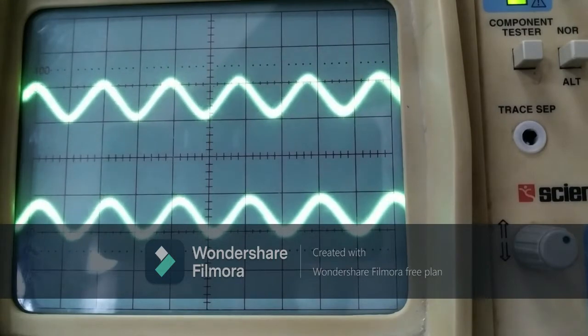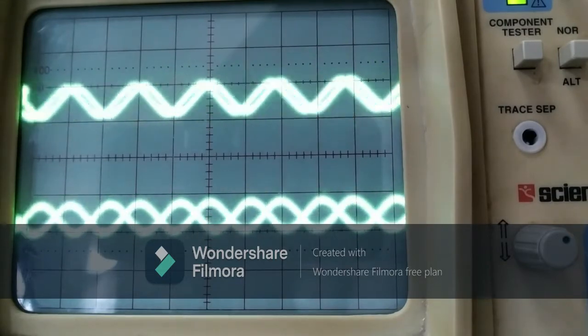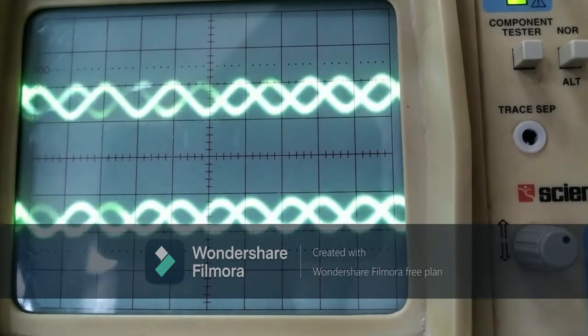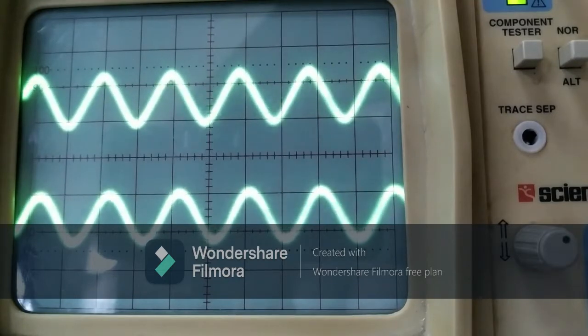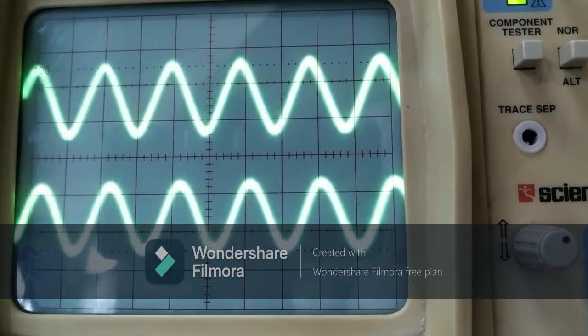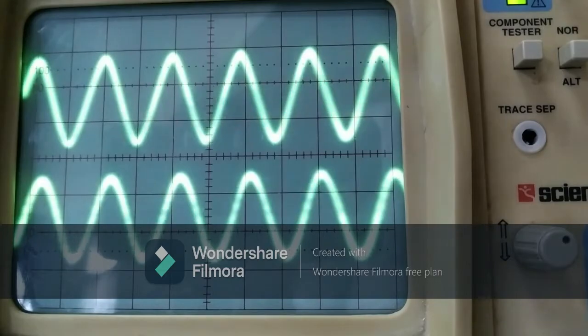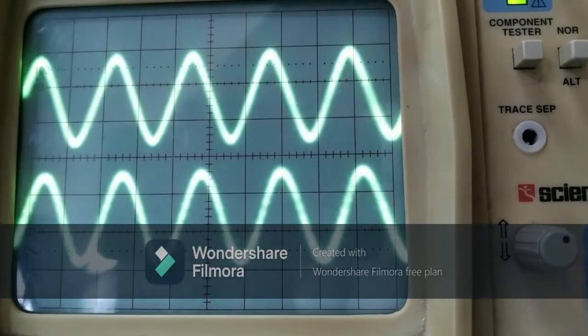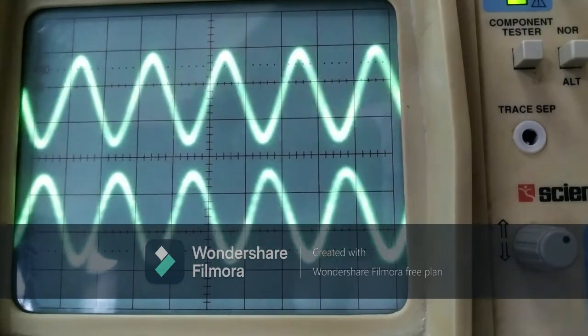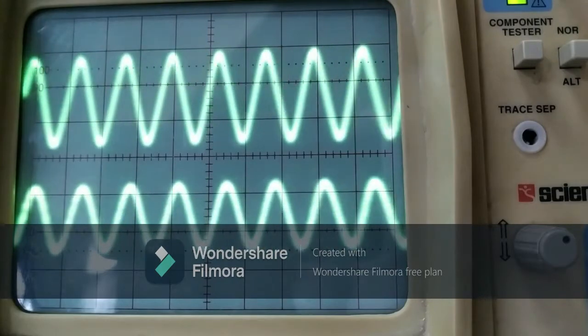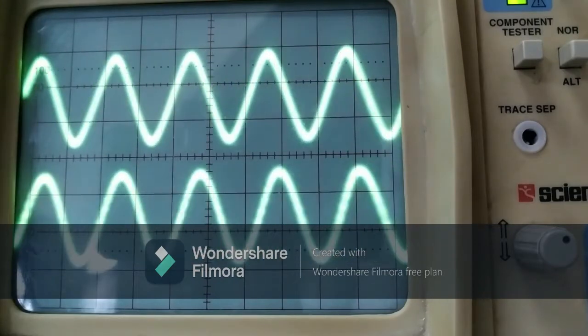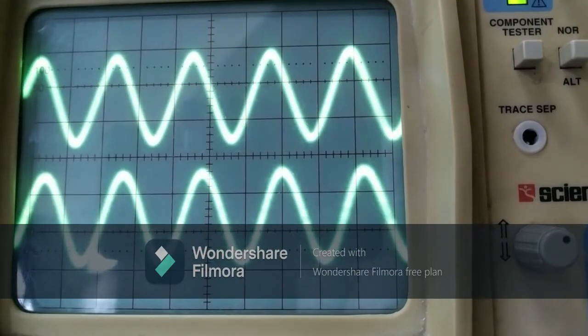If we decrease the amplitude, the demodulated signal also decreases, and if we increase it, it increases. Now by changing the frequency of the modulating signal, the frequency of the demodulated signal also changes. So this is about the practical.